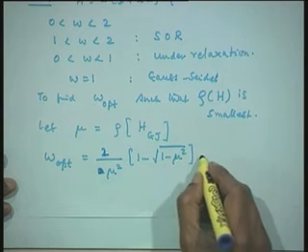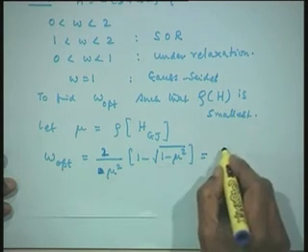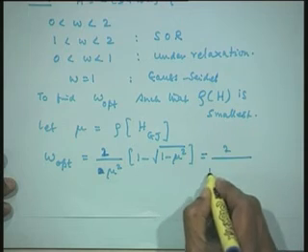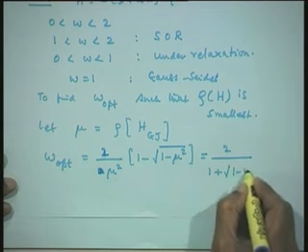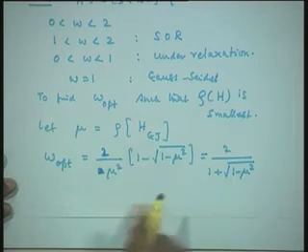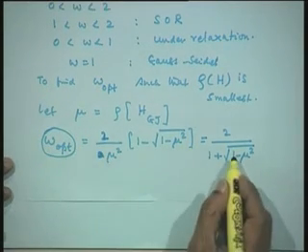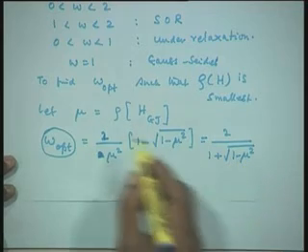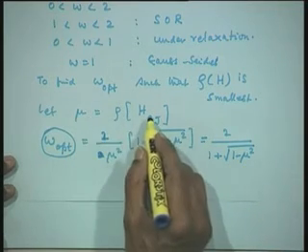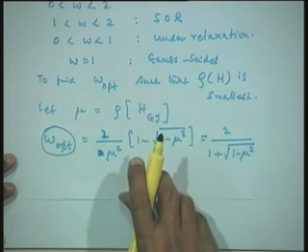Alternately, we can rationalize it, bring this to the denominator, then this will cancel off and I will be left with only 1 upon 1 plus under root of 1 minus mu square. So, either I use this form or this form. Therefore, the omega optimum will be obtained by finding the spectral radius of the Gauss-Jacobi scheme, using that value and finding omega optimum.